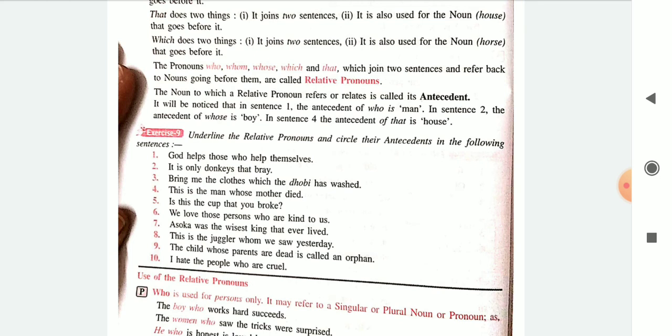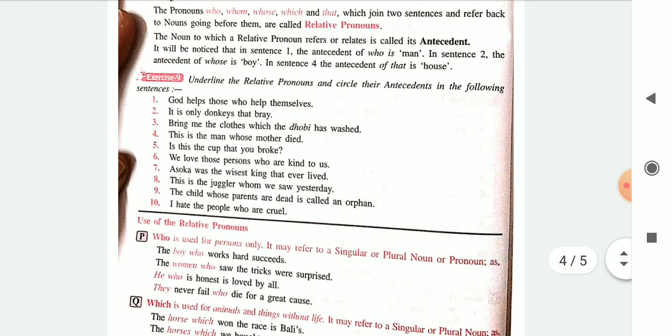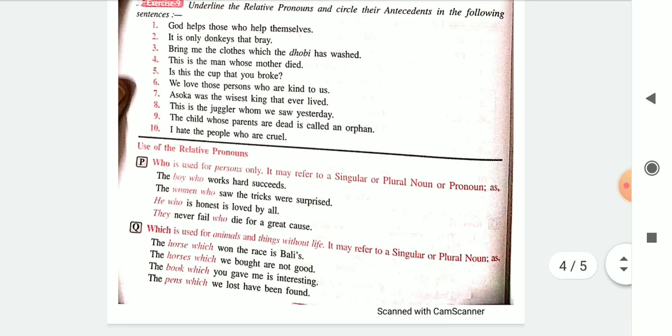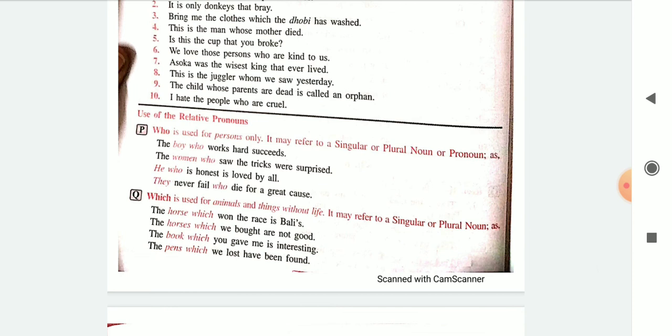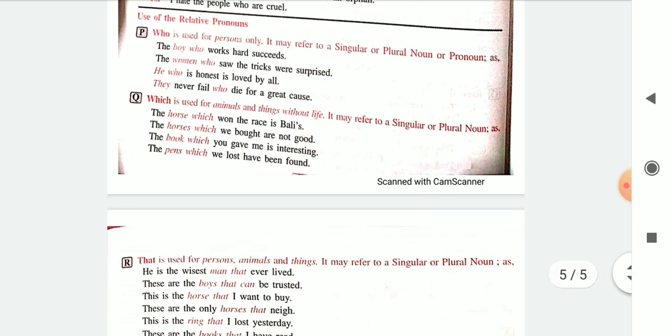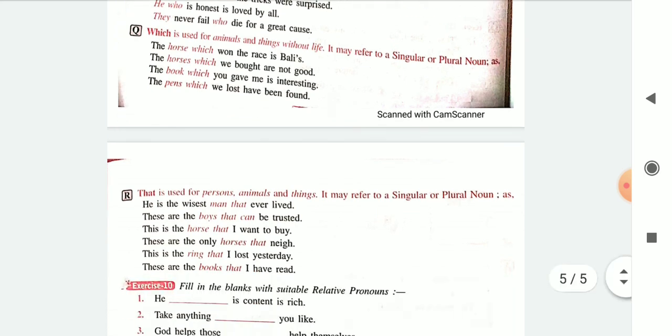That is a relative pronoun. Bring me the clothes which. So you will underline here which. Which is a relative pronoun. So we are only taking that part to help with less confusion. And here they have given you some uses of relative pronouns which help you to join the two sentences. Just go through them.